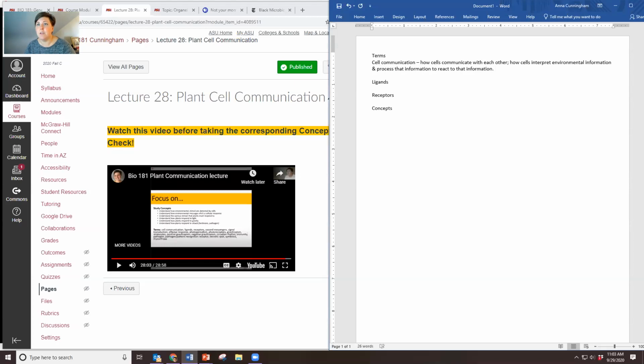It's how cells can communicate, but it's also how cells interpret messages and respond to those messages. So cell communication is sort of twofold.